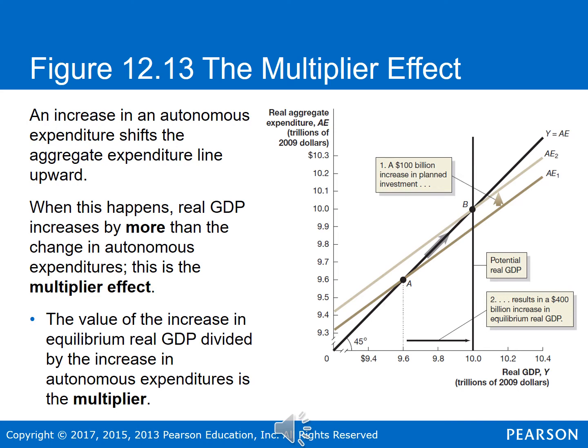And like I just said, it's not just for investment. Any autonomous expenditure is going to cause this multiplied effect. So in this case, $1 of increased spending is resulting in $4 of increased real GDP. So this is a real large effect. By spending $1, you can increase GDP by $4.